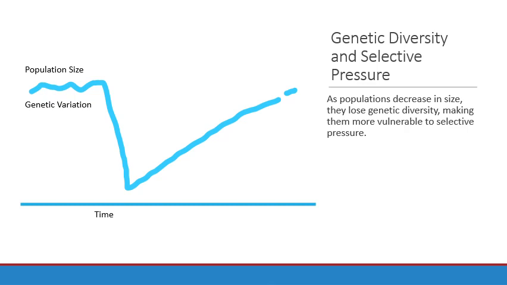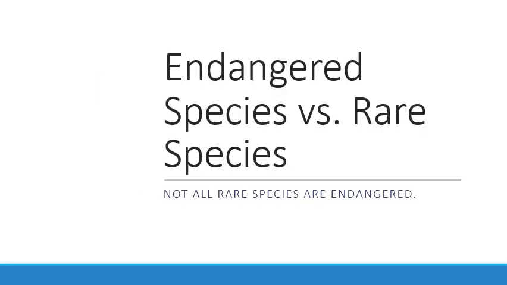It takes a very short amount of time to lose genetic variation and a long time to recover it. And that gets us to what are known as endangered species. There's a big difference between an endangered species and a rare species. An endangered species is on the verge of disappearing.